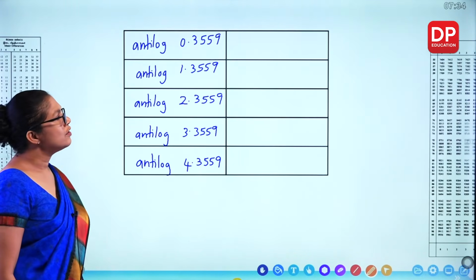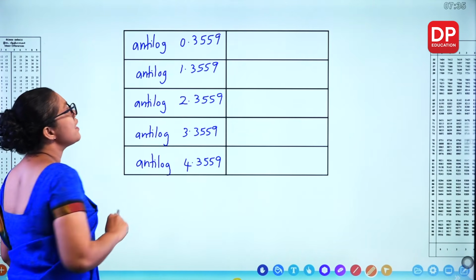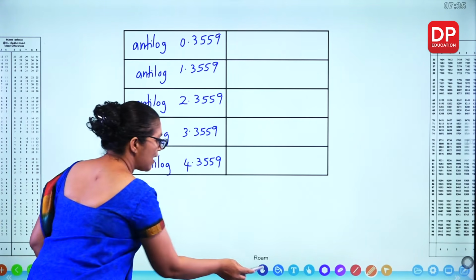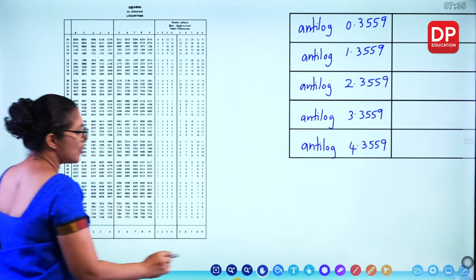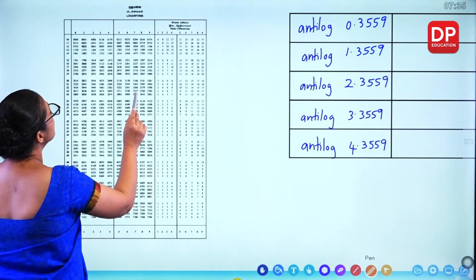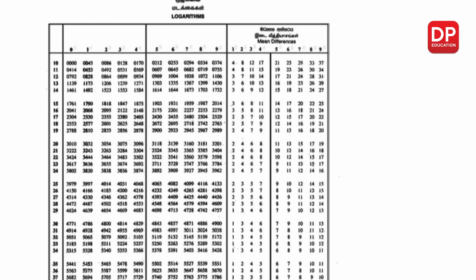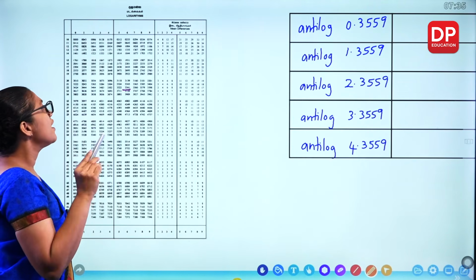Now we'll try to use the tables for these anti-log values. 3559. You can refer from the first table. Where do you get 3559? 41 is there. 60 is also there, so one more than that.